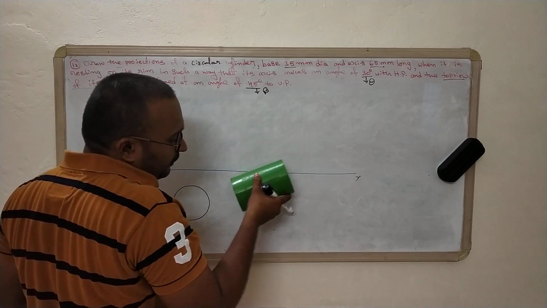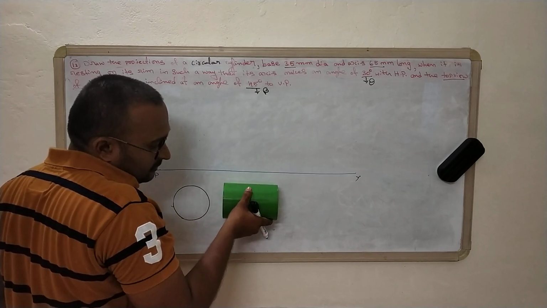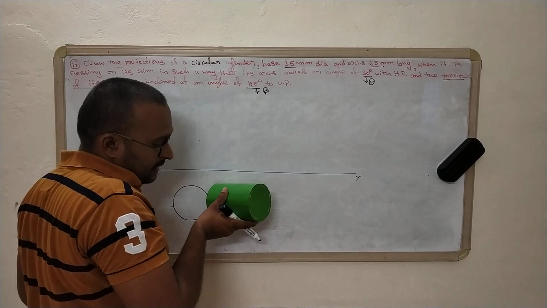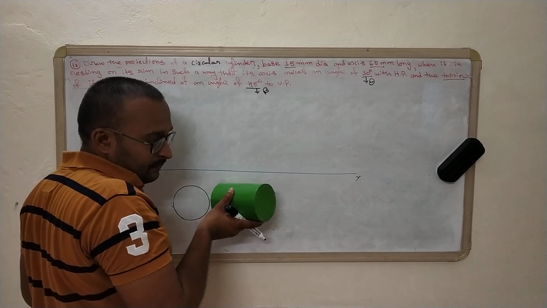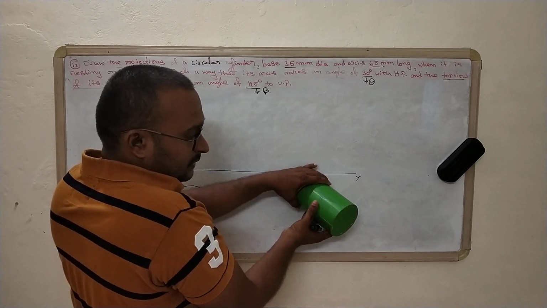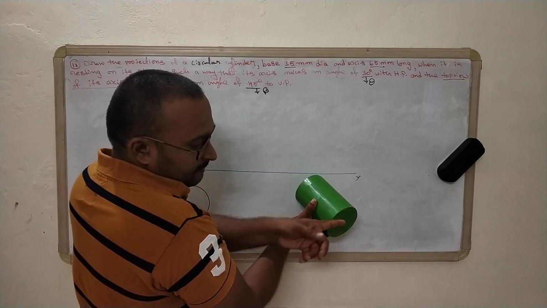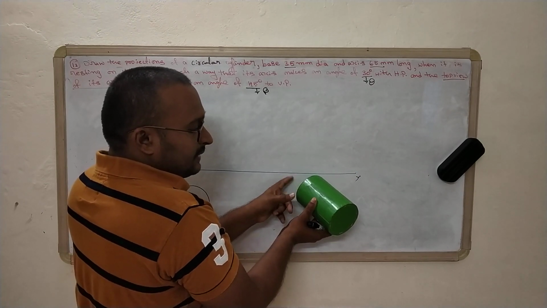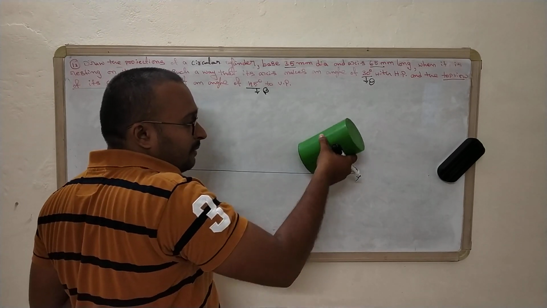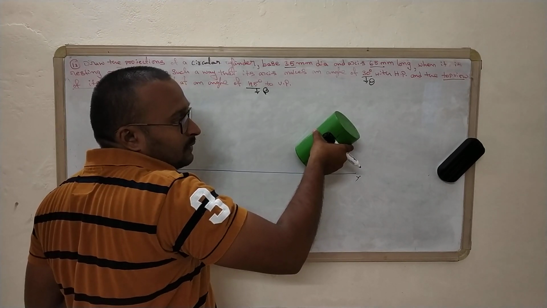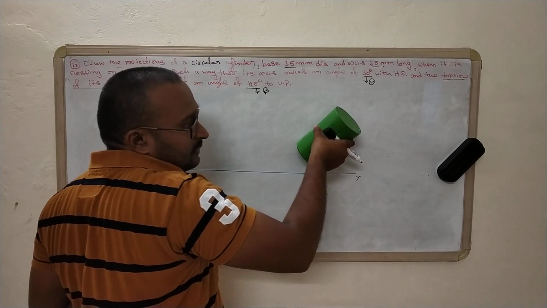Now we are going to rotate it, so like this. Here this is the angle. Here this is the way how we need to rotate it, and this ABCD surface will be completely visible, and then this surface will be invisible, right?